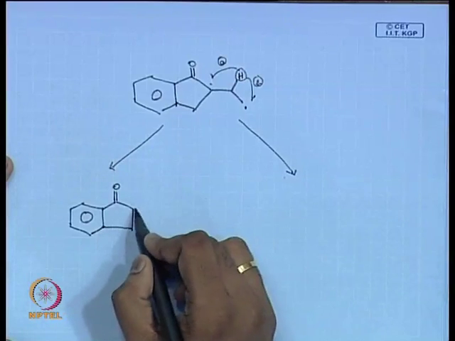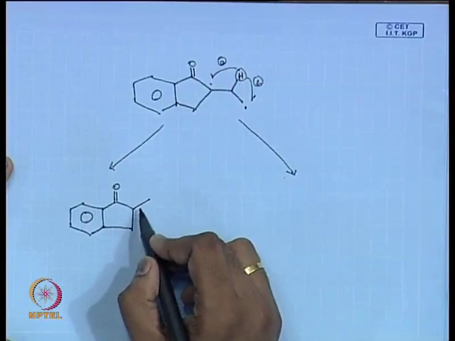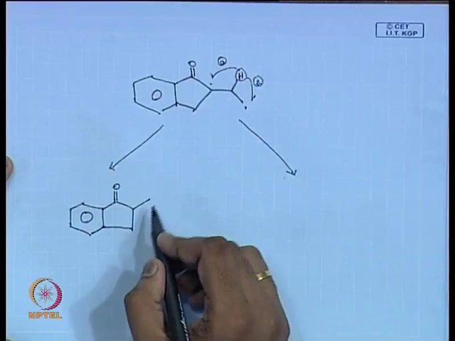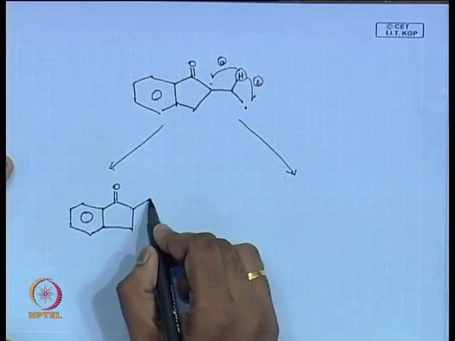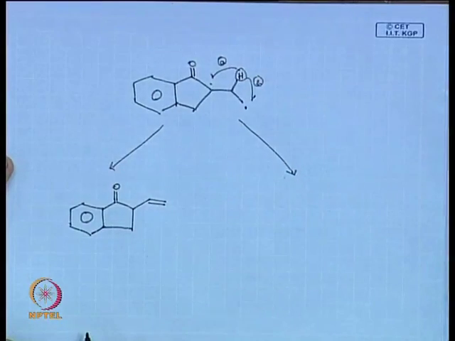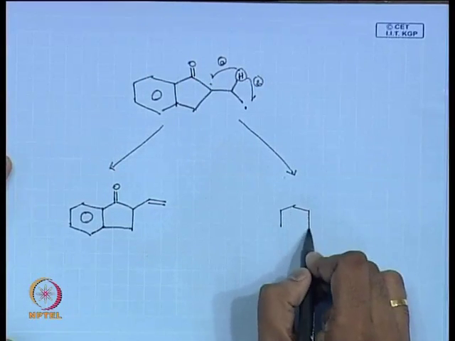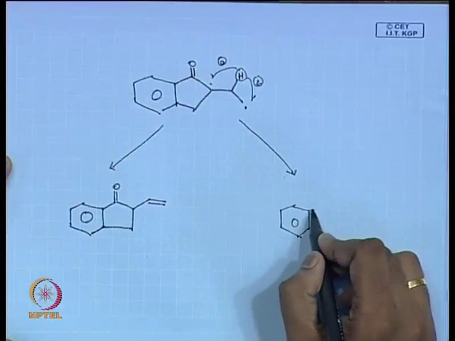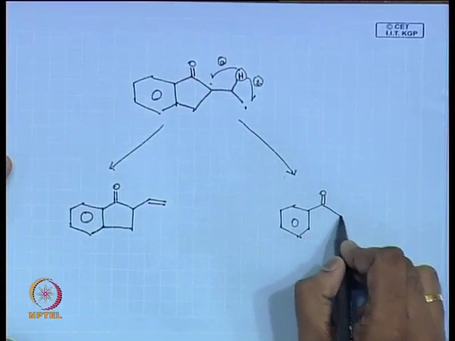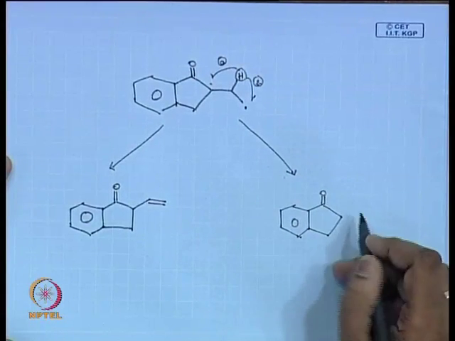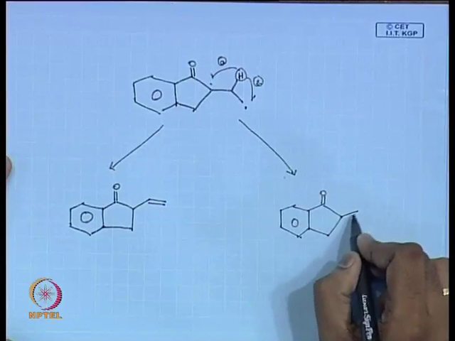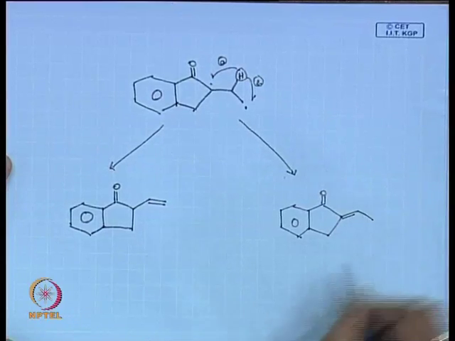If I move my hydrogen in this direction, then I can get an alkene like this. The other way around, I can have a system where you can get your alkene like this.